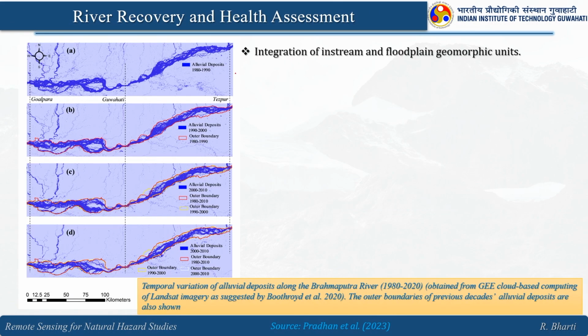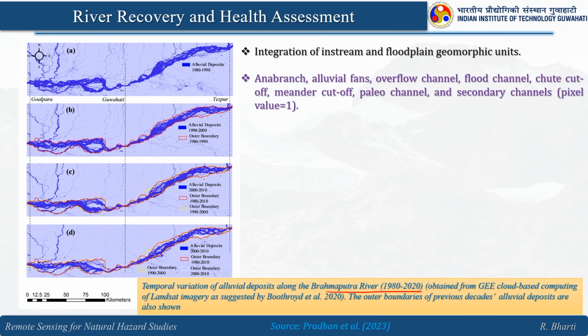So, here you can see the river recovery concept that was implemented in the Brahmaputra river. We did this study for 1980 to 2020. The GE was used for the morphological analysis. Now, here you can see that some of the reaches have very less width.